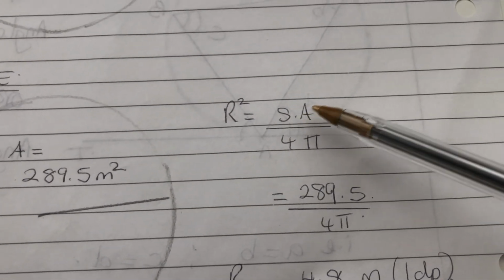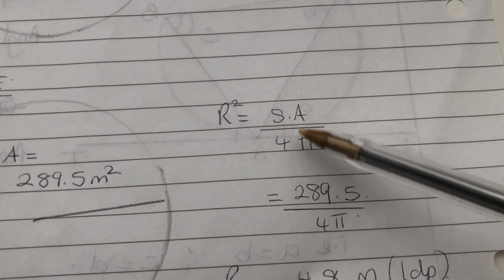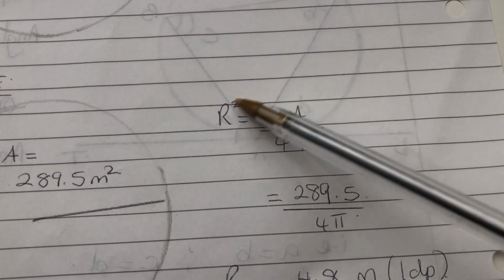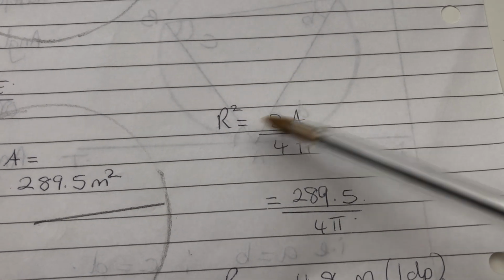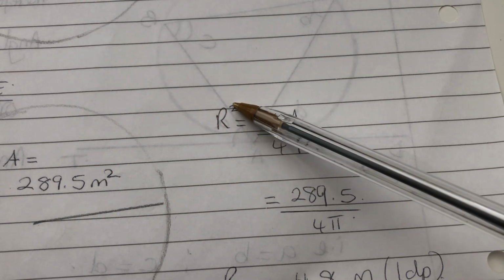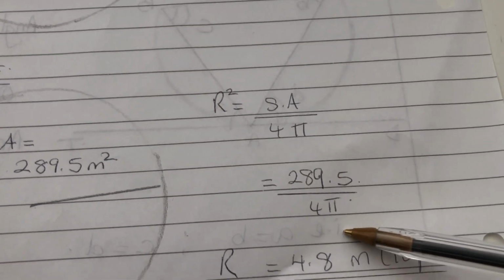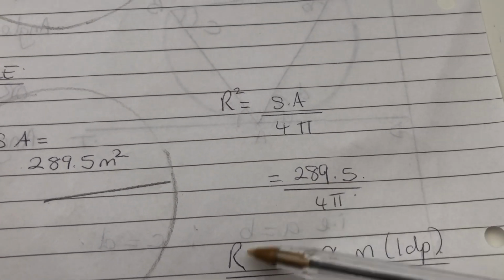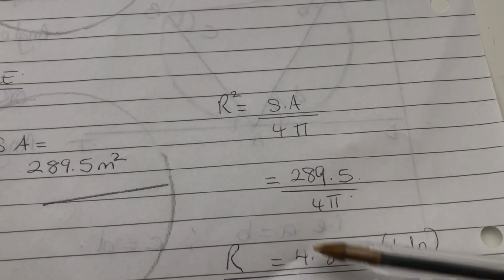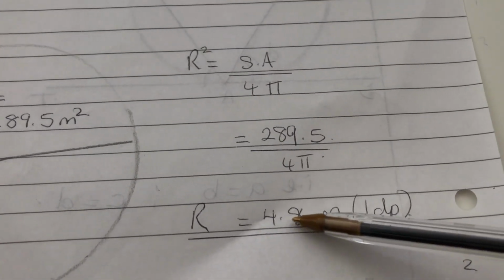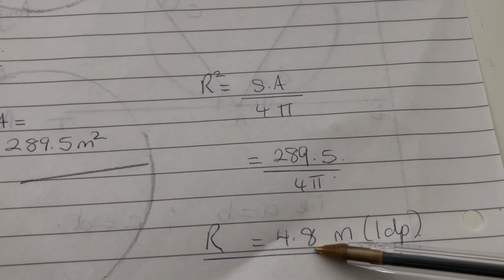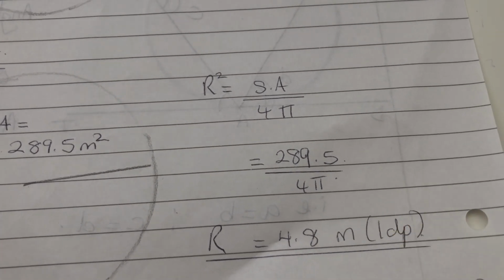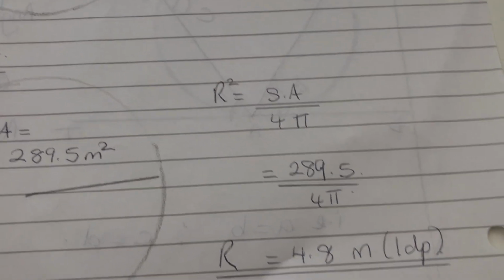So 289.5 divided by 4 pi. This is the formula we are using again. We've just made r the subject. So to find r, we square root it, and if you do it right on the calculator, it will be 4.8 meters. This is also to 1 decimal place.